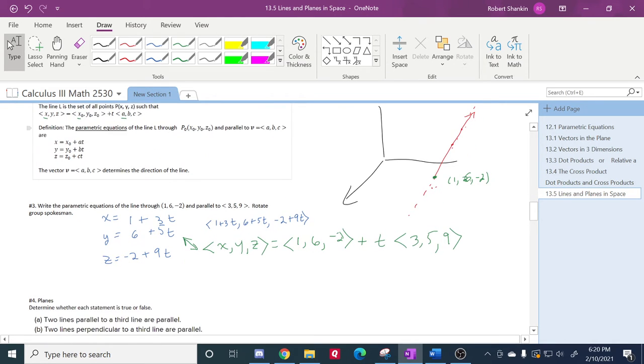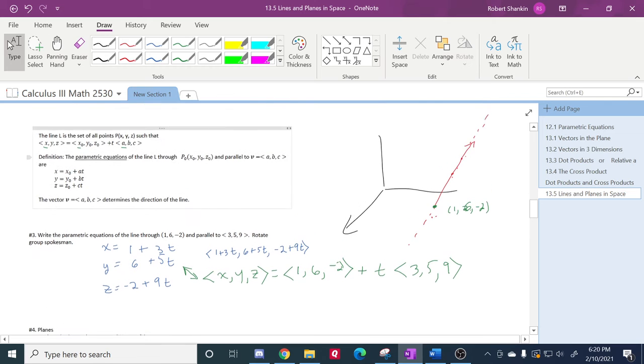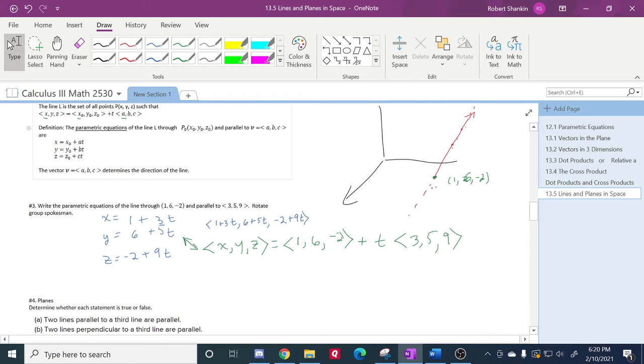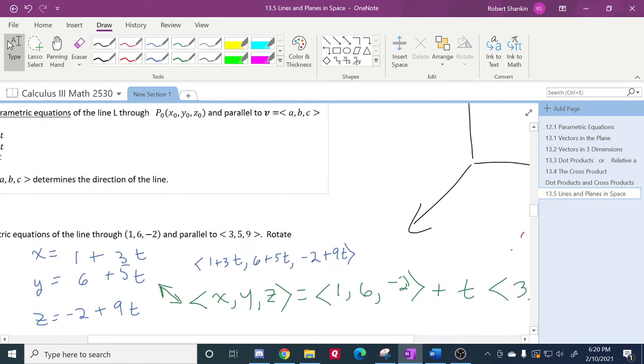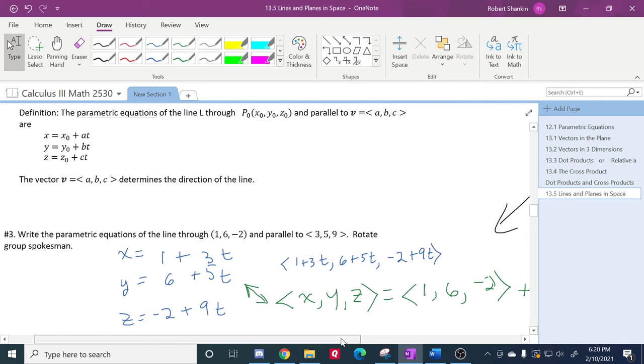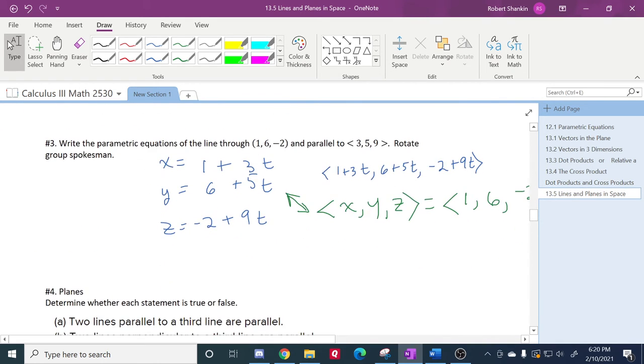Alright, now let's go to planes. This is something that I really enjoy, but you're really going to have to put your thinking caps on. Determine whether each statement is true or false.